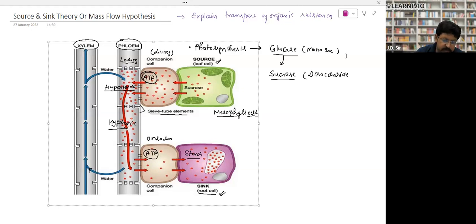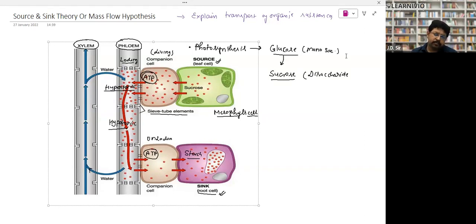Then what needs to be transported? This monosaccharide is converted into disaccharide, means glucose gets converted into sucrose. So one very important thing for you is that the formation of food takes place in the form of glucose, but transport of the food takes place in the form of sucrose.